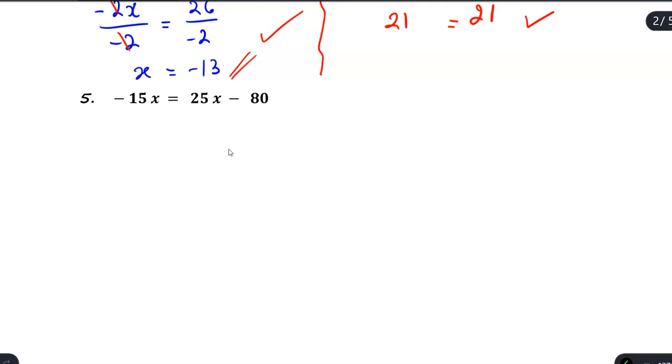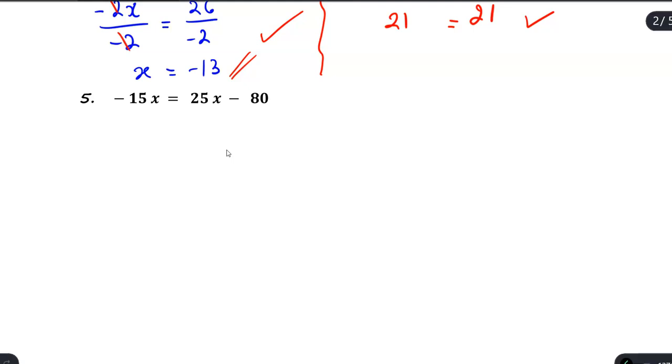It's entirely up to you. It doesn't matter where the x is, given the fact that it must be isolated. Once x is isolated, it can be presented on the left-hand side or the right-hand side.